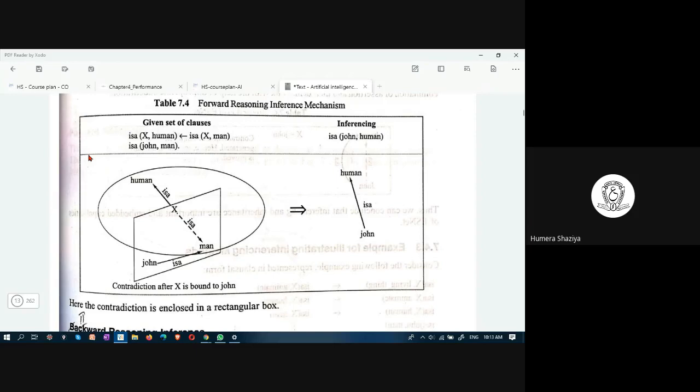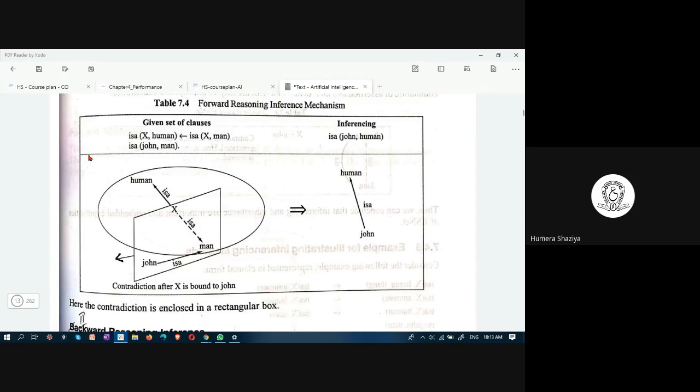John is a man. This rectangular box is like B. X is a man. X is a human. This is a contradiction statement which says that if X is a man, X is a human.